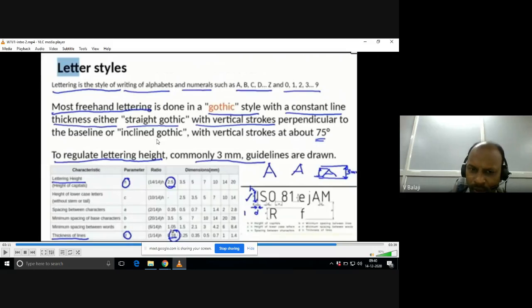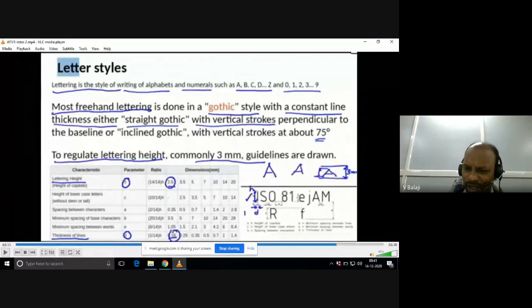We don't go by French curves or other instruments. Earlier we used to do it with some templates, but in engineering drawing, it is not allowed. You need to use freehand only.